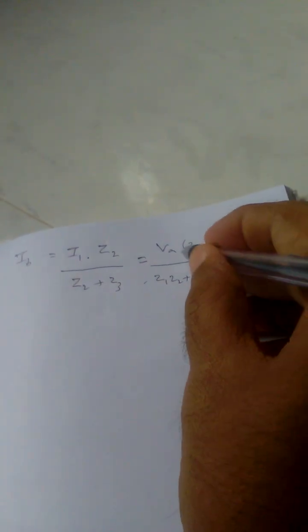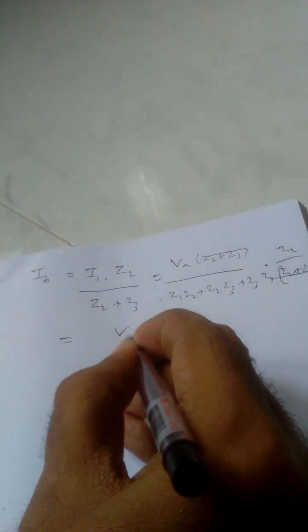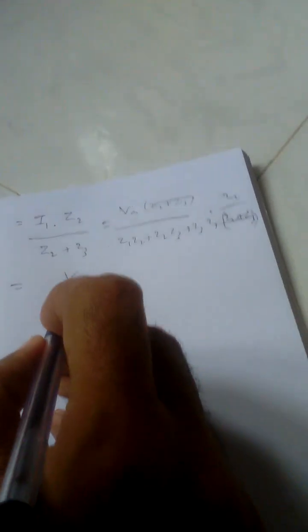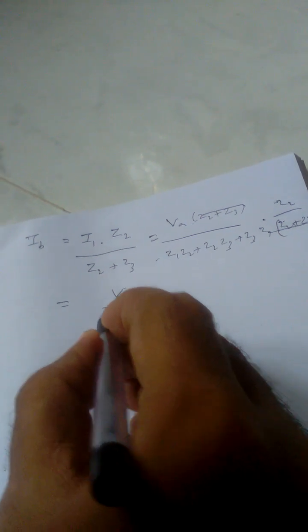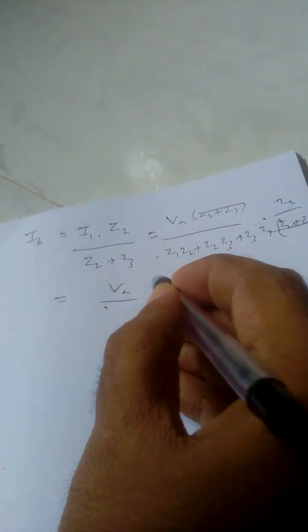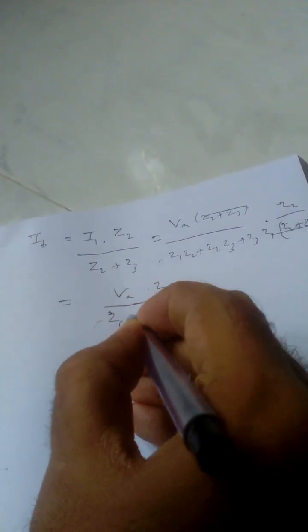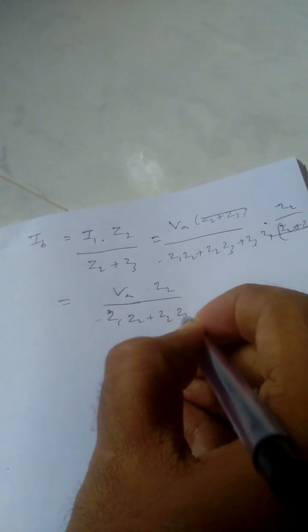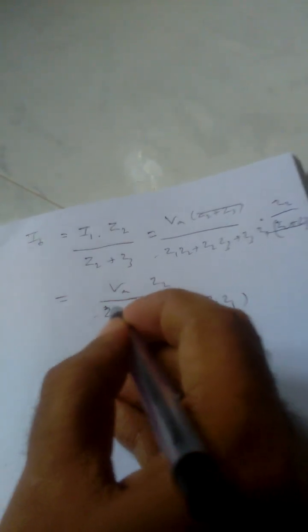So this will get cancelled with this one, leaving IB equal to VA into Z2 divided by Z1 Z2 plus Z2 Z3 plus Z3 Z1.